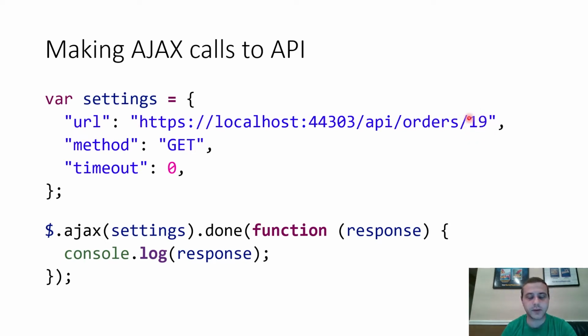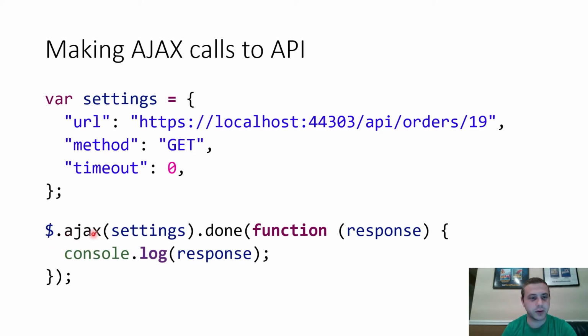This is the order number, which can be a variable so that the user who's utilizing your application can put whatever order number they want, and then it just gets put in here, and then it makes a GET request.